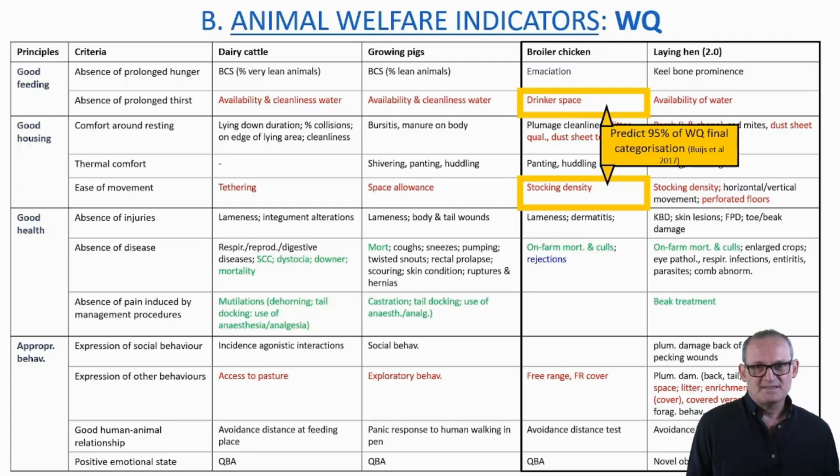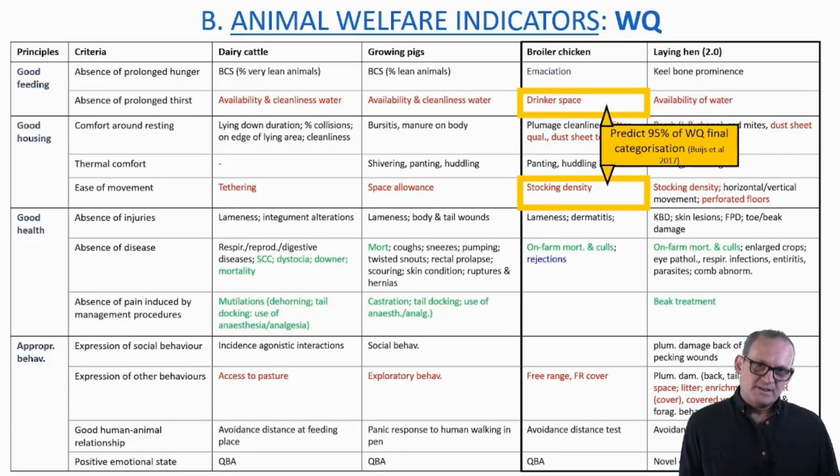And that meant that those 2 welfare indicators, being drinker space and stocking density, weighed far too much into the overall qualification, so that the other type of welfare indicators, often perhaps more relevant and even better ones, were hardly necessary or didn't contribute to the overall categorization.